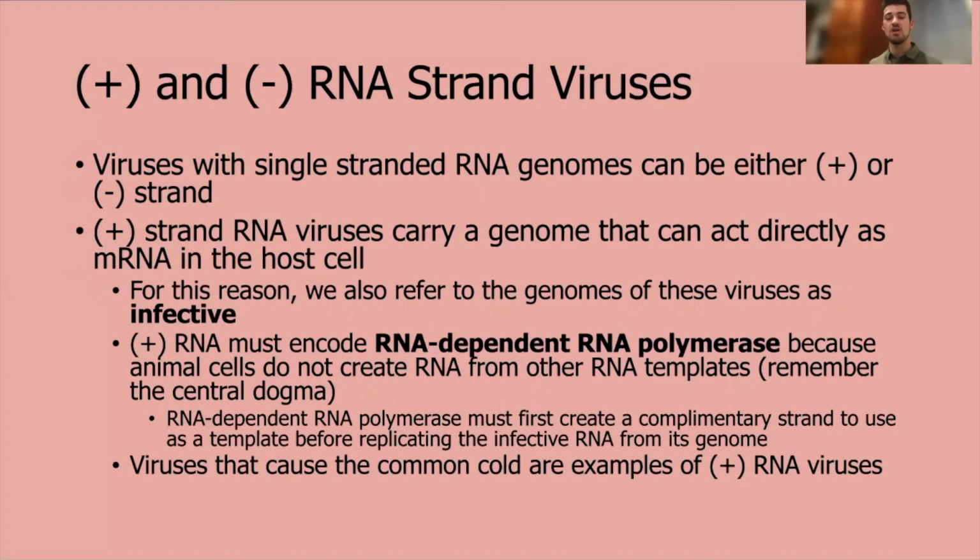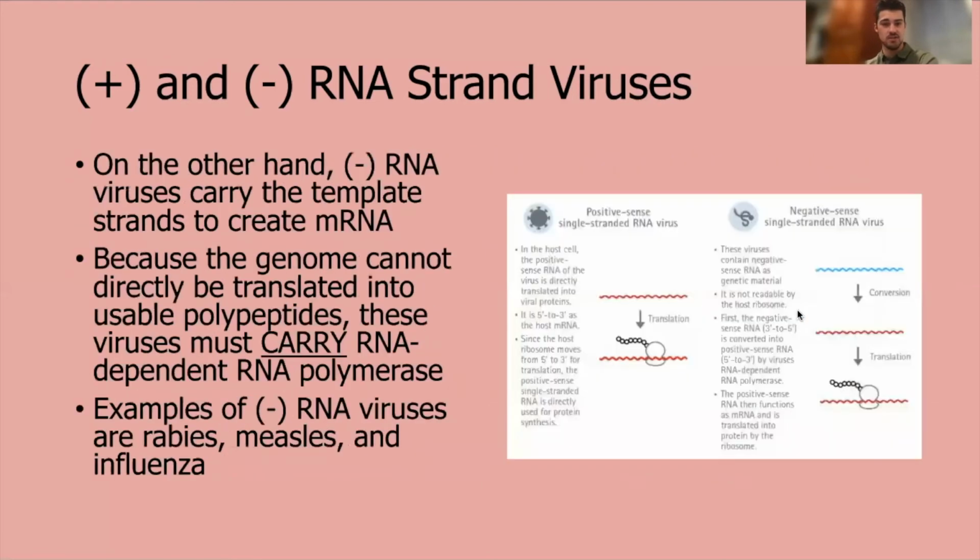It's not going to do anything. So that's why we have to create that complementary strand from this positive sense, and then those complementary strands can create more of those positive strand RNAs, and that's how these viruses replicate. Viruses that cause the common cold are examples of positive strand RNA viruses.